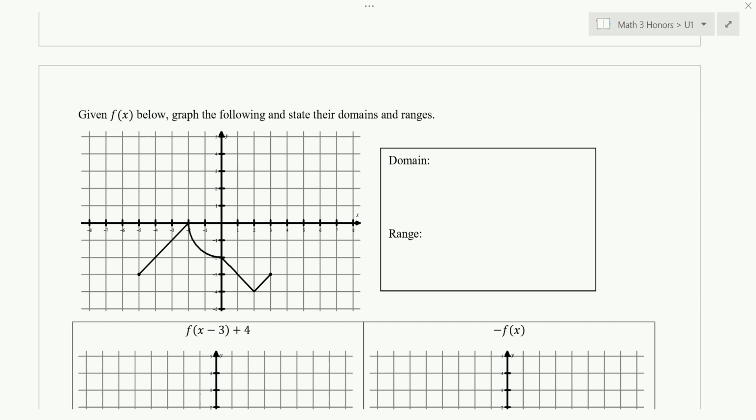It's going by a scale of 1. And write them in both ways, the inequality way and the interval notation.